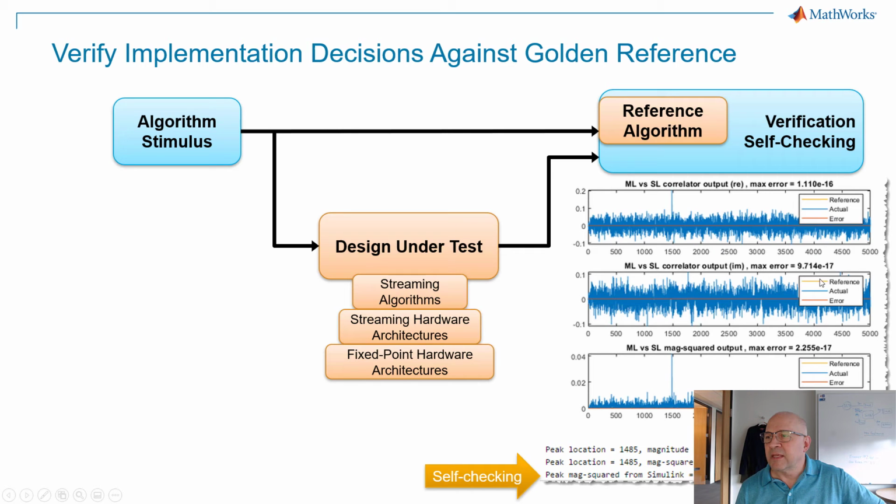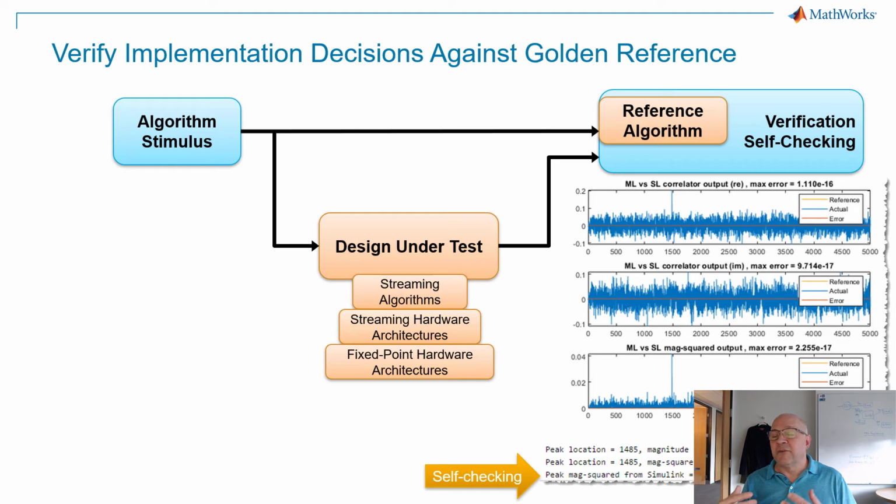So here what we can see is this pulse detection. So we can look at the different outputs that we're getting as we compare the design under test and the reference algorithm. And this test bench was developed so that it would provide textual reports back into the MATLAB window.